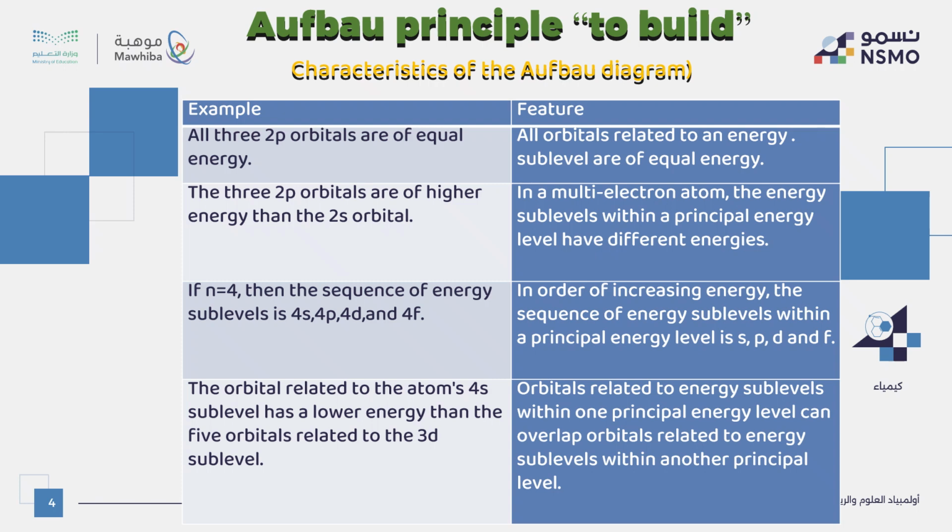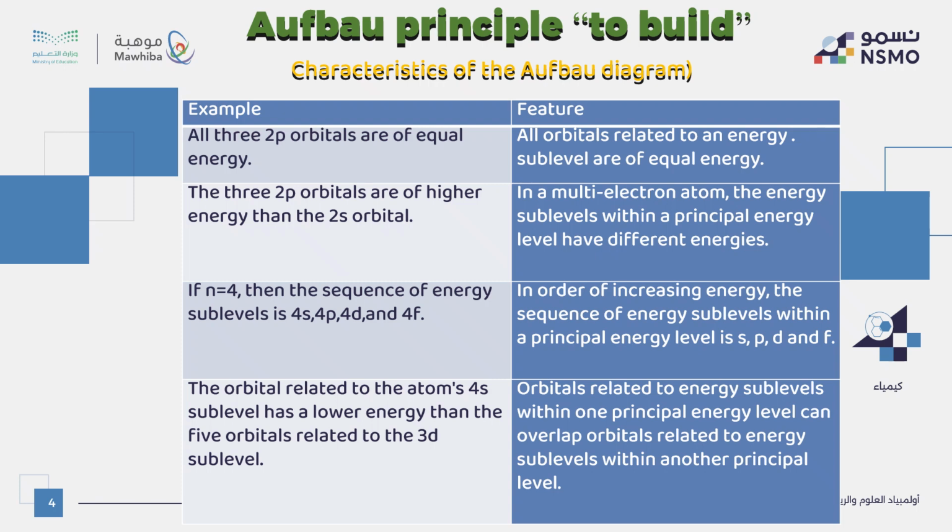The p sublevel has 3 orbitals, and since each orbital holds 2 electrons, a p sublevel can hold up to 6 electrons. The d sublevel has 5 orbitals, so it can hold 10 electrons. The f sublevel has 7 orbitals, so it can hold up to 14 electrons.